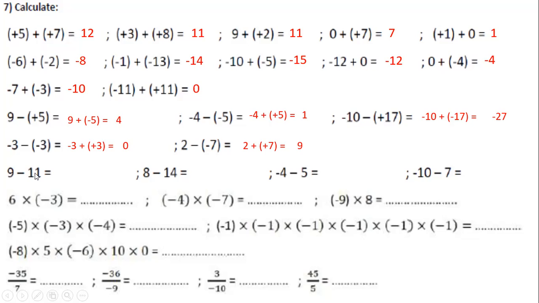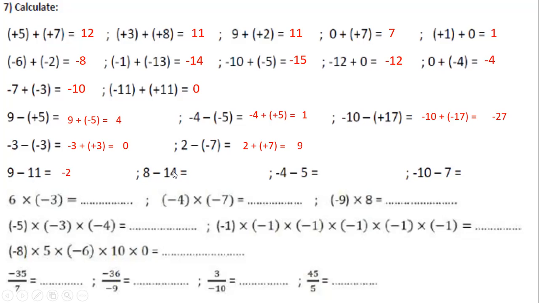The sign of the second is negative. So here I have two numbers having different signs. My answer will be as the greatest and we subtract. What is the sign of the greatest? Negative. And we subtract. 11 minus 9 is 2. Negative 2.